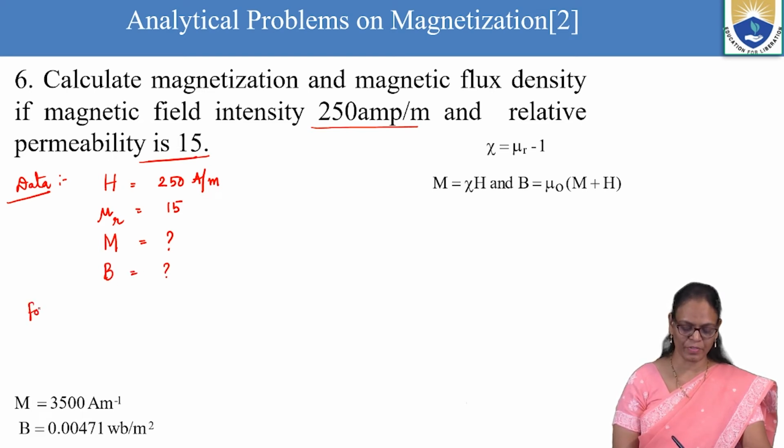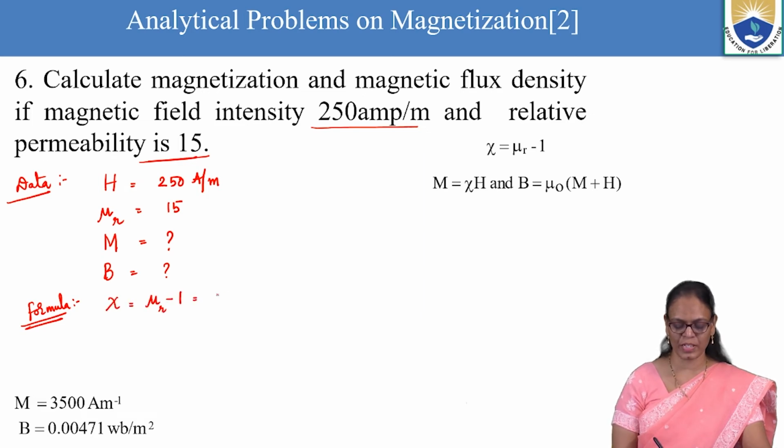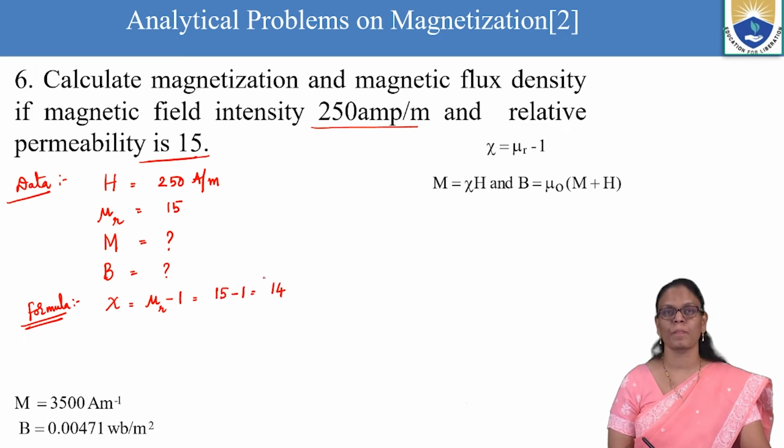So which formula will we use now? First we will get the value of chi. Chi is equal to mu r minus 1. So that is 15 minus 1, which is 14.